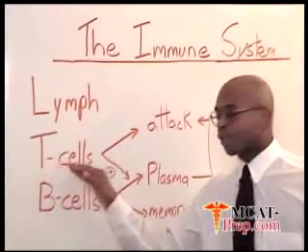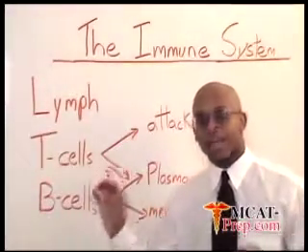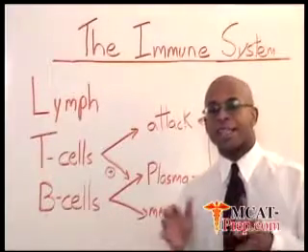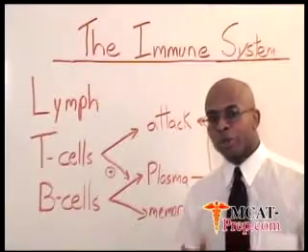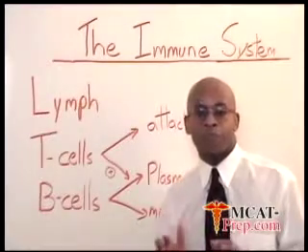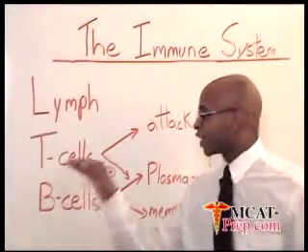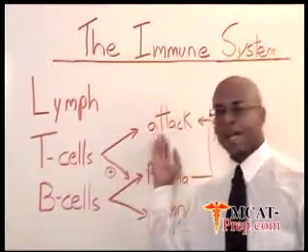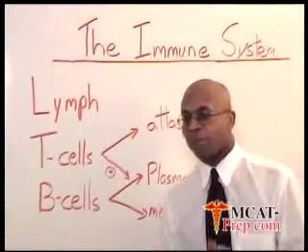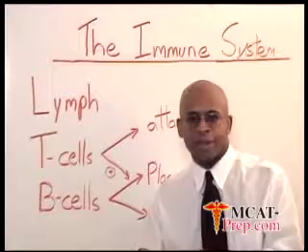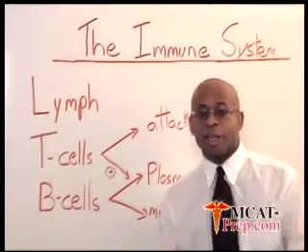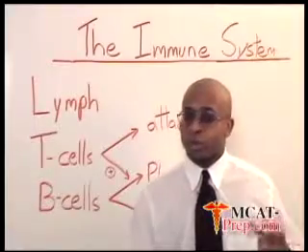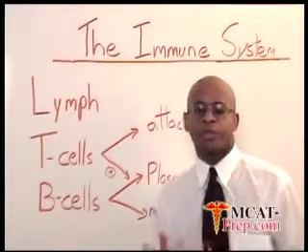Now, T cells are an important element of what is called cellular immunity. Cellular immunity is a type of non-specific immunity in which the T cells will attack the infection. So whatever infection is going on, whether there's bacteria or a virus in your body, for sure you're going to have neutrophils, which are on the scene very early.